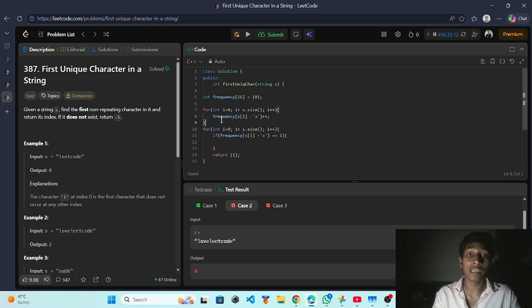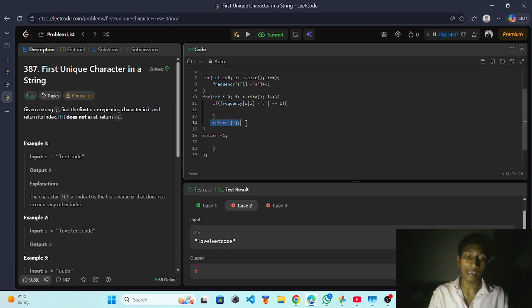After counting all the characters, we pursue the next logic: any character whose count is equal to 1, we return its index i.